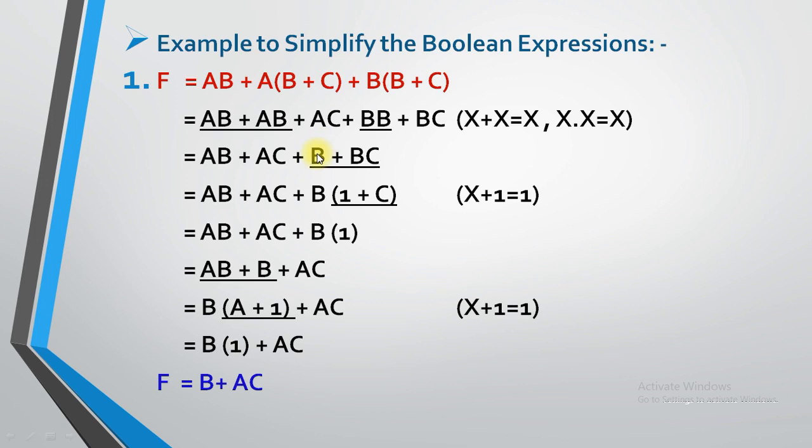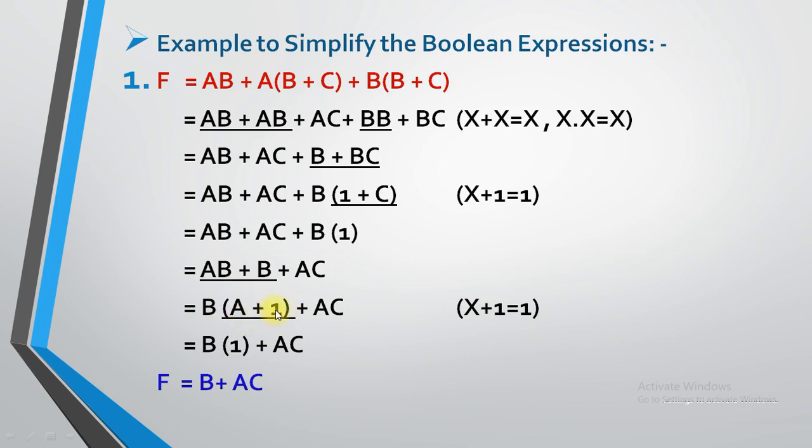Now see the underlined term. You need to keep b as a common factor and into bracket 1 plus c is remaining. So 1 plus c is equal to x plus 1 returns 1. So instead of 1 plus c, you can write 1. Now I have arranged the given term and AB plus B. So again B is the common factor and into bracket A plus 1 is there.